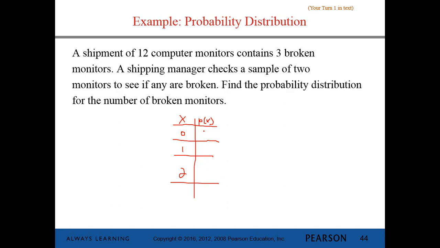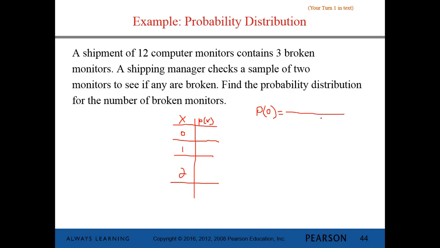We want to know 0 are broken out of the 2 that we picked. So how do we calculate this probability? Well, this is going to be equal to... I'm just going to do the first one, and then you'll have to do the rest of them.